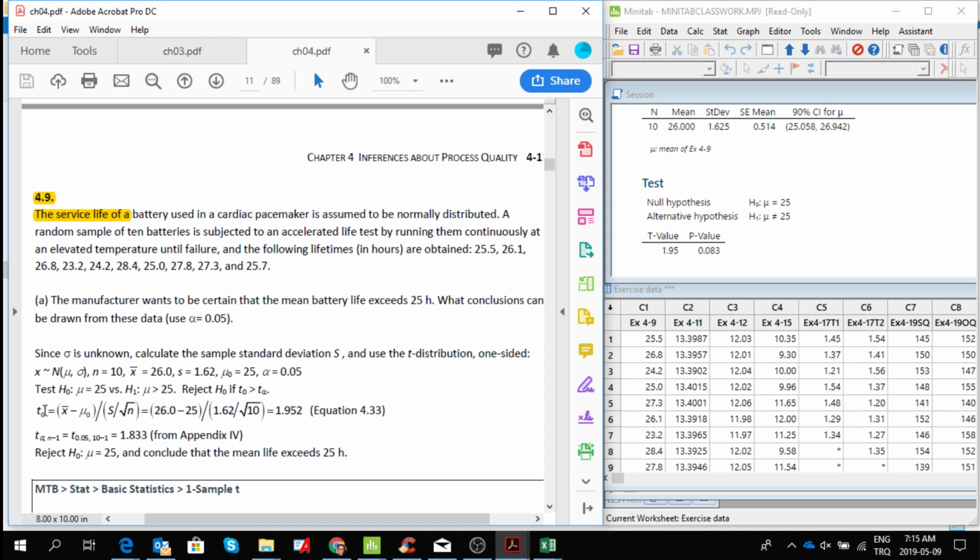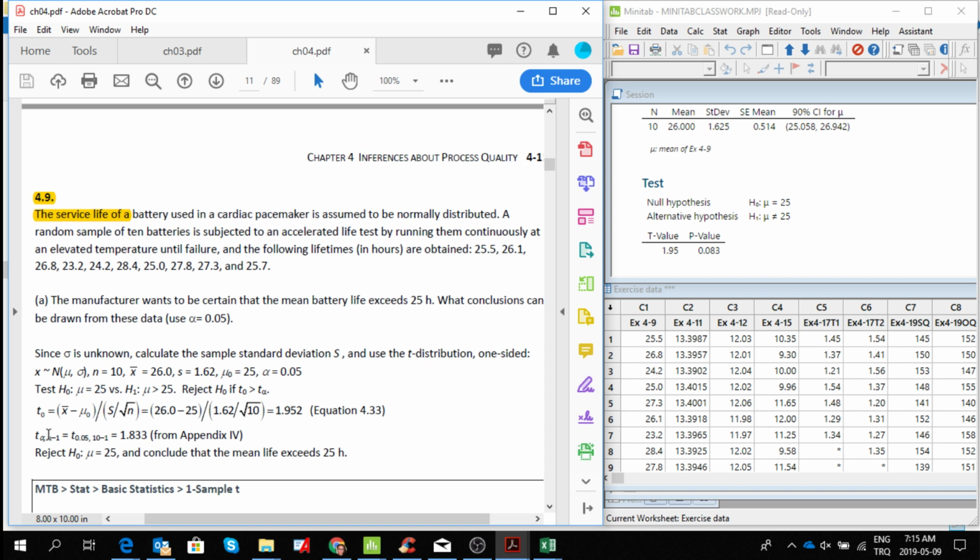So we have the formula for t naught, the test statistic: x bar minus mu 0 over S over square root of n. We have x bar 26, we have mu 0 25, which comes from our hypothesis testing, divided by S, which was computed 1.62, over square root of 10. And this is going to be equal to 1.952.